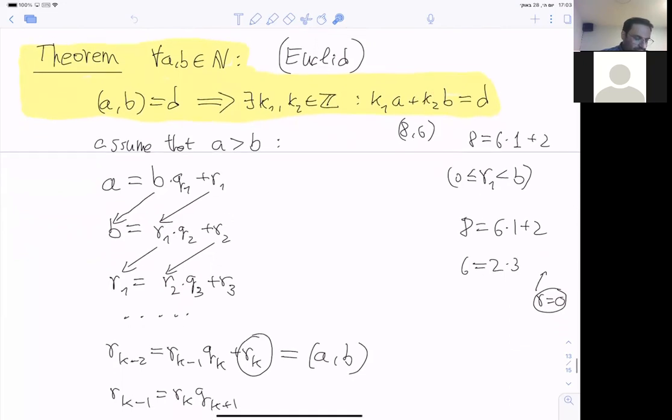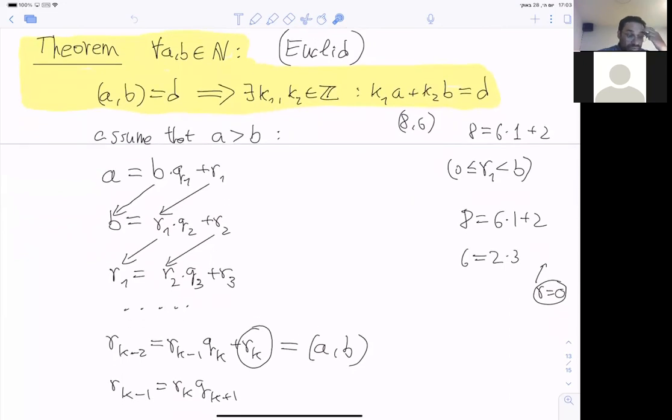So what we do, we first refer to A and B as remainders. These are the first remainders. After these ones, they're going to be R1, R2, R3.